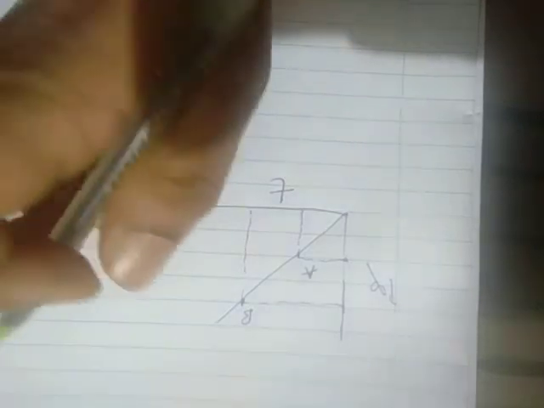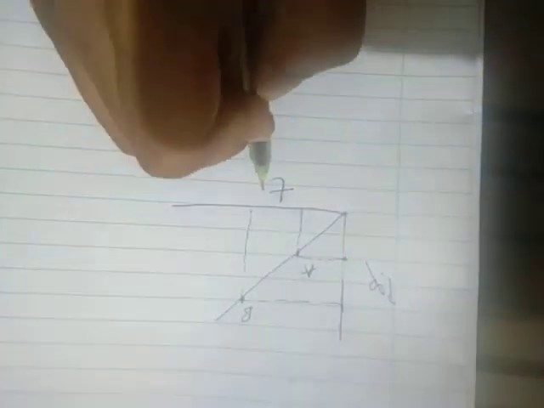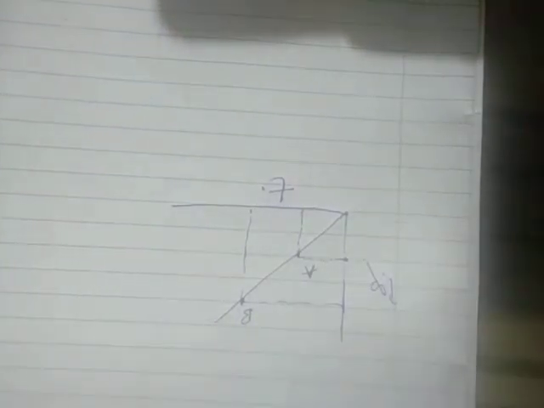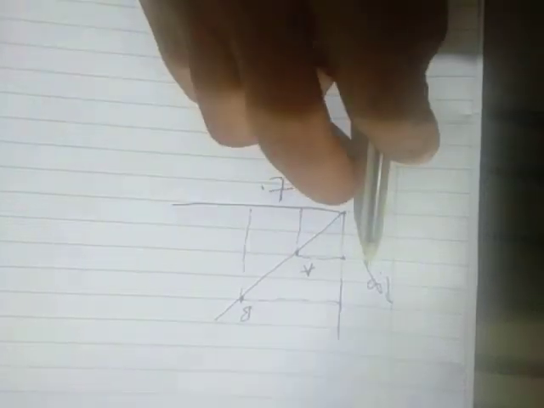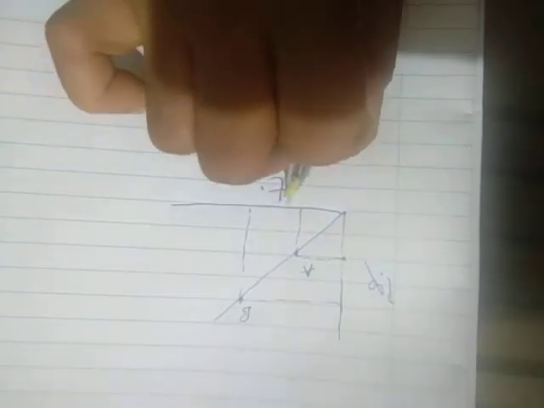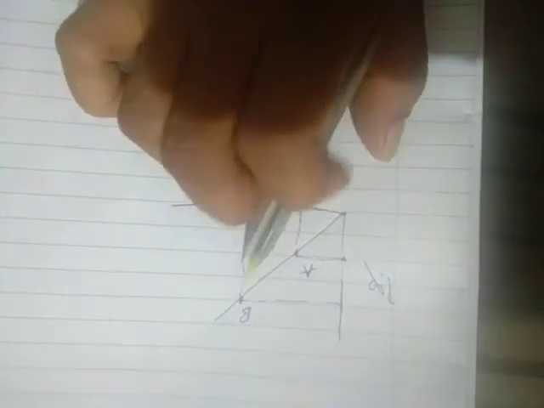For B also, it will be like this, and we can find this out. Now if you see, we are having displacement, we are having time. So do you know what displacement upon time gives us? Yes, you are right, it is nothing but velocity. So to find out velocity, we will have to use the graph called the displacement time graph. So the displacement time graph gives us velocity.